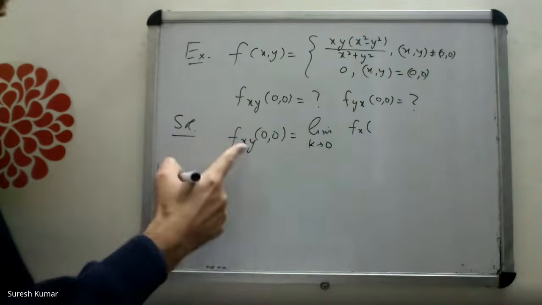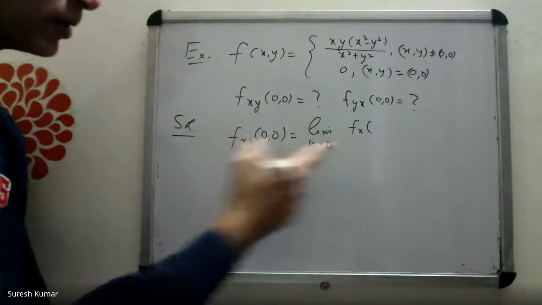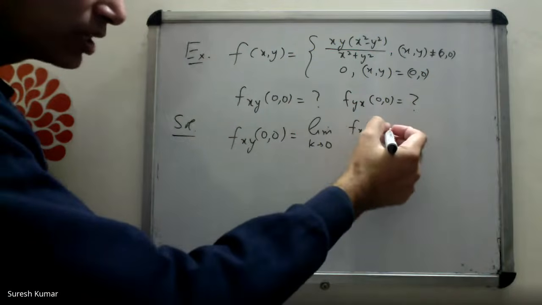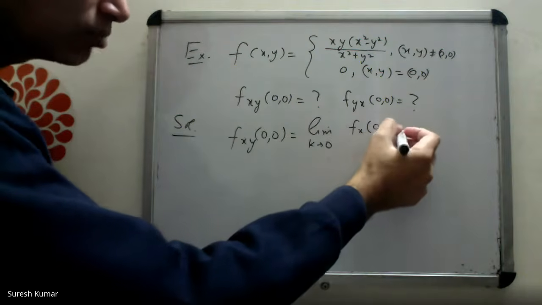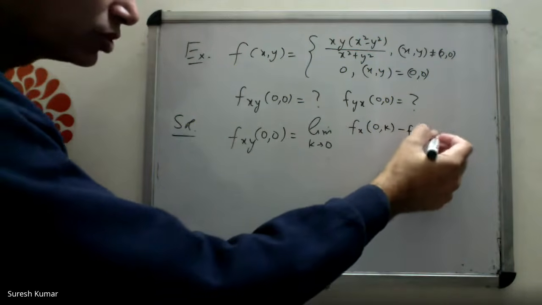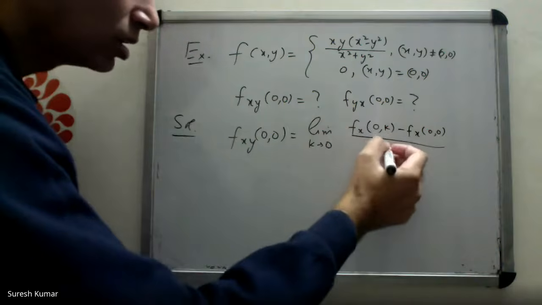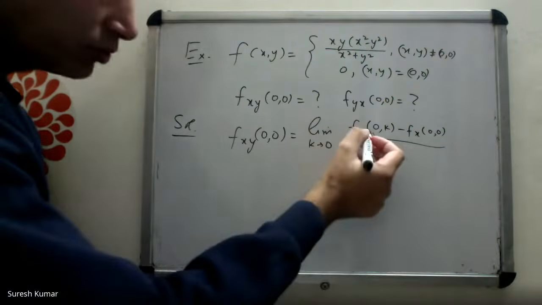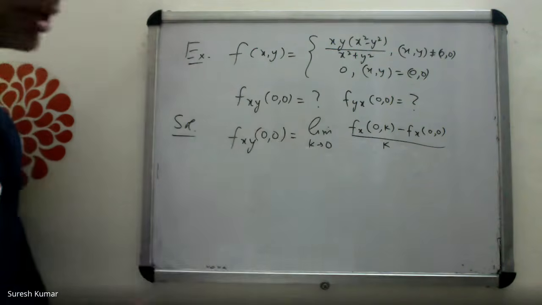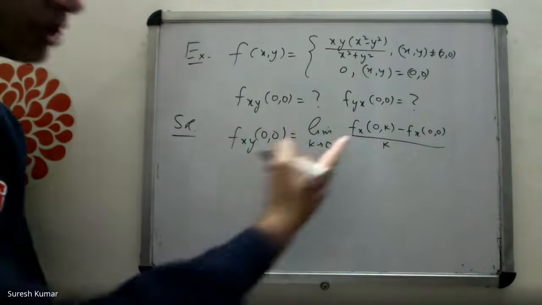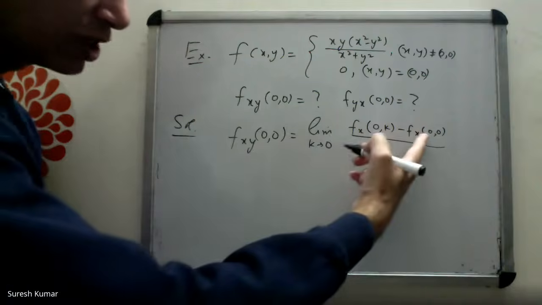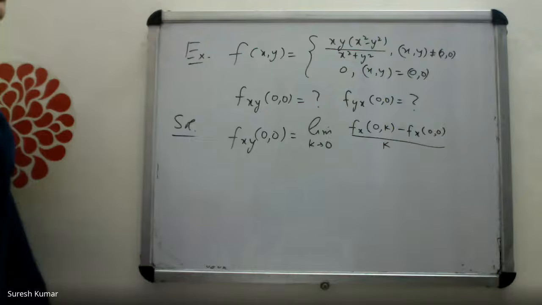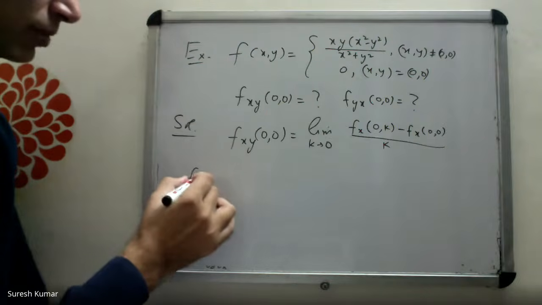Differentiating with respect to y means you take the increment in the second argument: fx(0,k) minus fx(0,0) divided by k. So if you are able to find these two, then you can get the value of this derivative. It means first you need first order derivatives, one at (0,0), the other at (0,k). Let's find both of these.